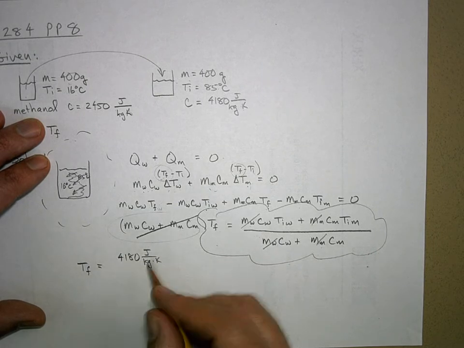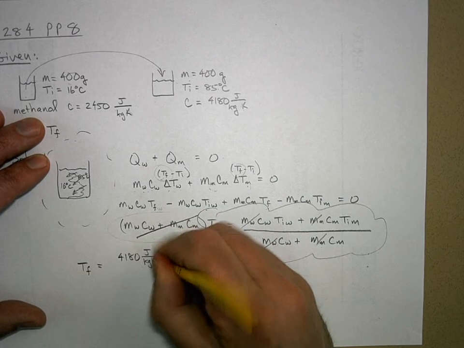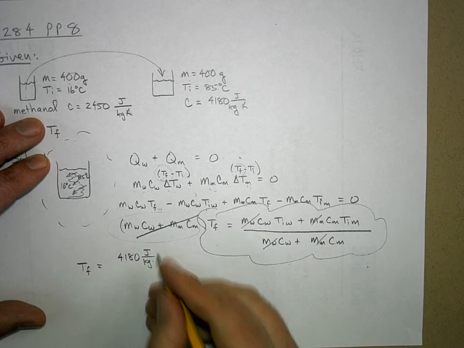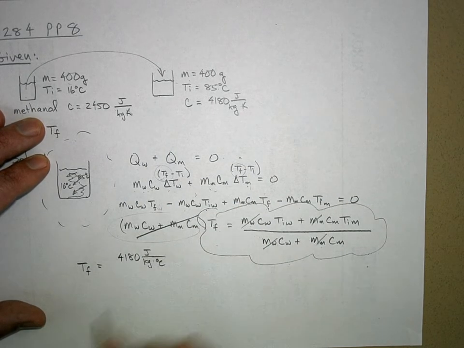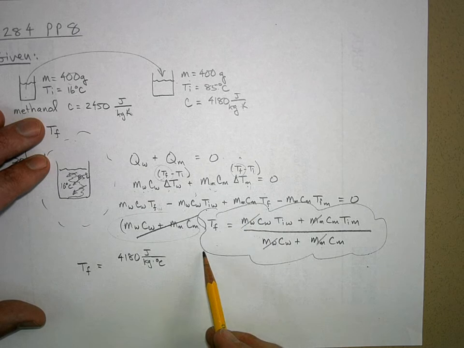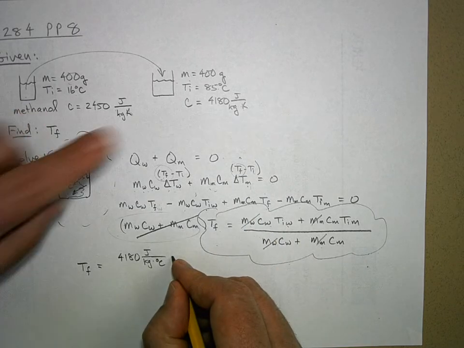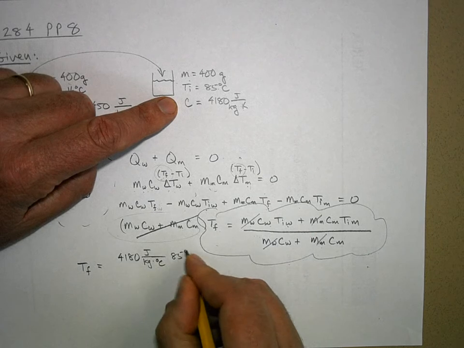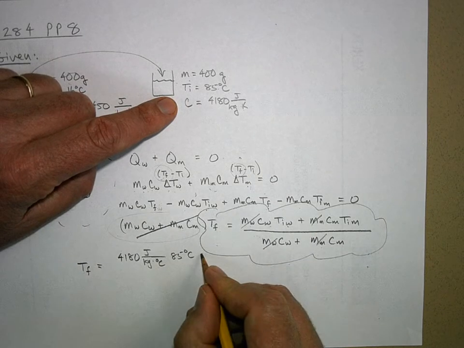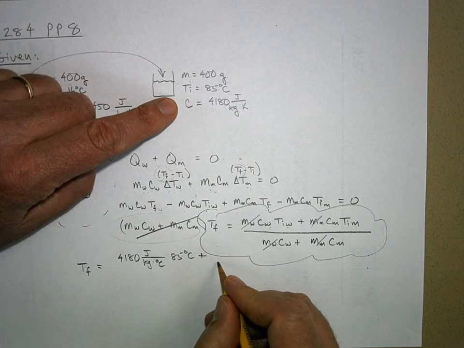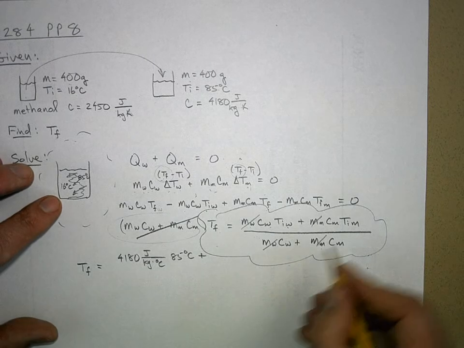And you know what? I'm going to change from kelvins to Celsius. You can do that. Initial temperature, 85 degrees Celsius. And then this is going to be for the methanol.